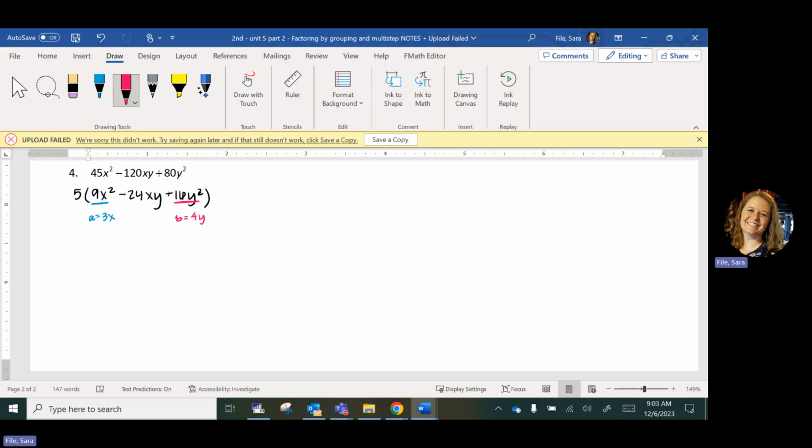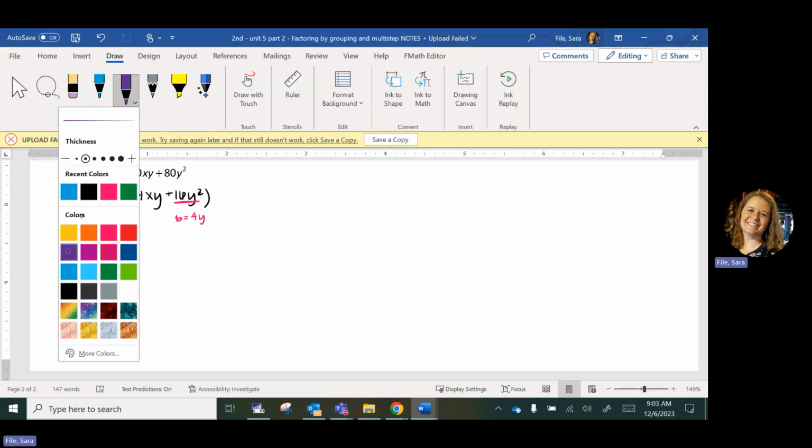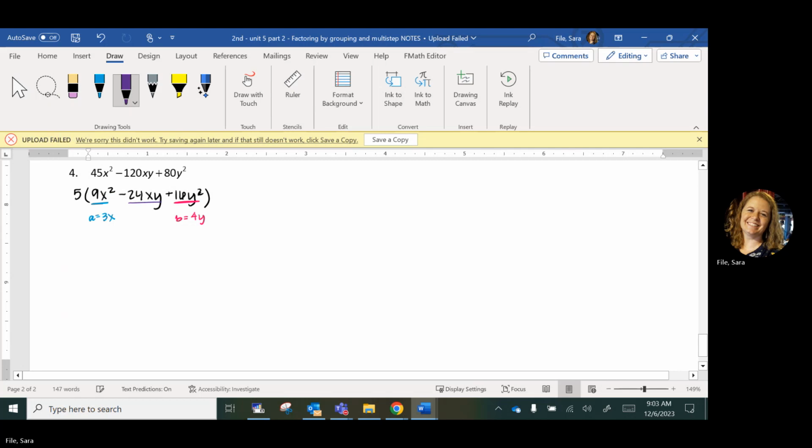Then the middle term would have to be 2ab. So double that a times b. So 3x times 4y would be 12xy, and then we double it, and it's 24xy. So this indeed is a perfect square trinomial once I took that GCF out.